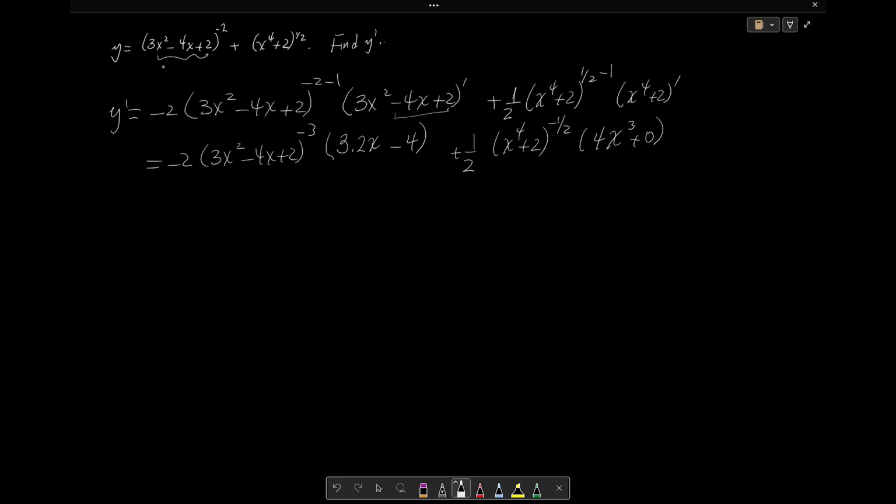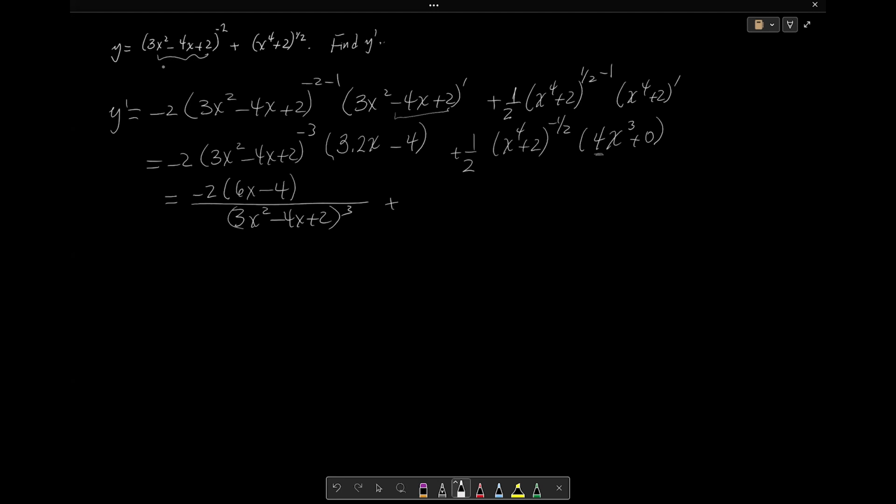So simplify a little bit here. Maybe we can bring this down, give it a positive exponent. And here I have a negative 2 times 6x minus 4.